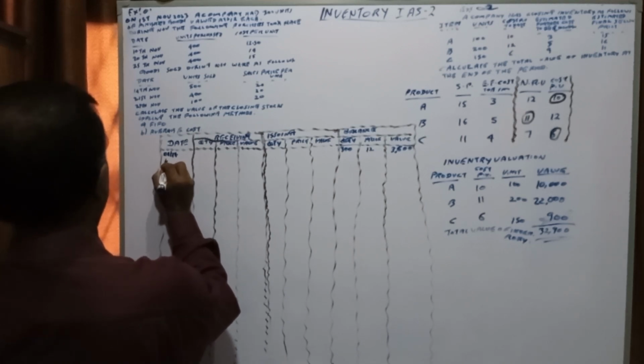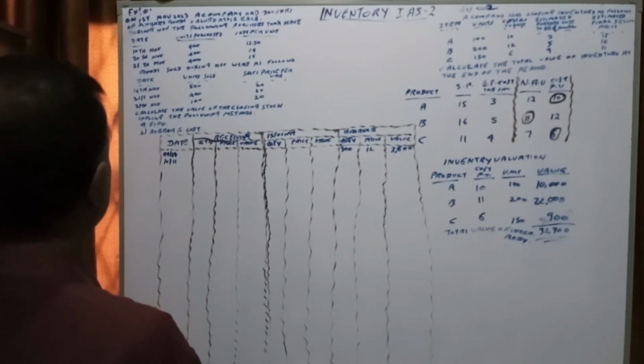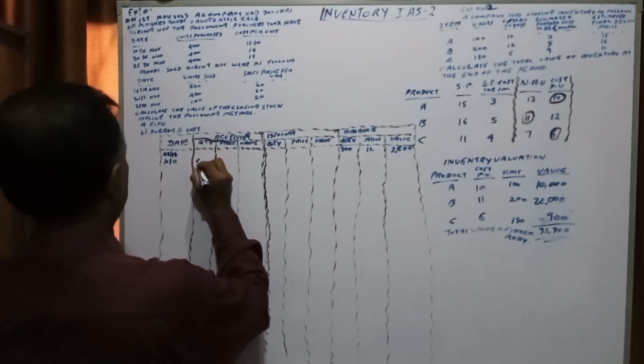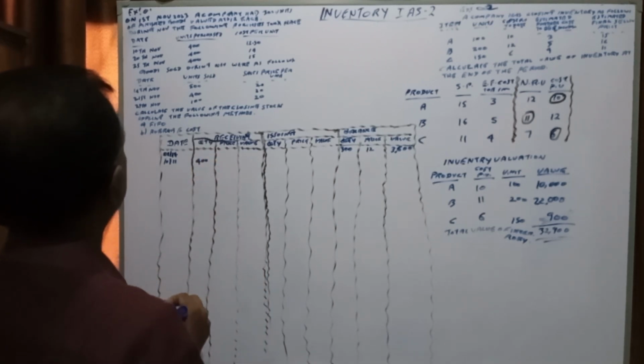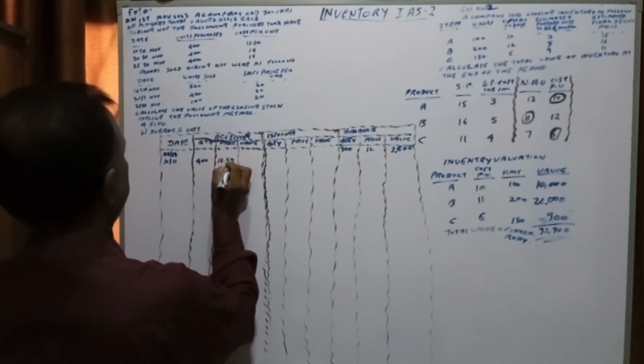On the 10th of November they are making a purchase. What is the quantity? 400 units purchased at the rate of 12.50.